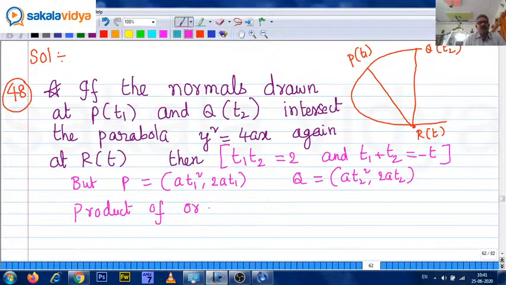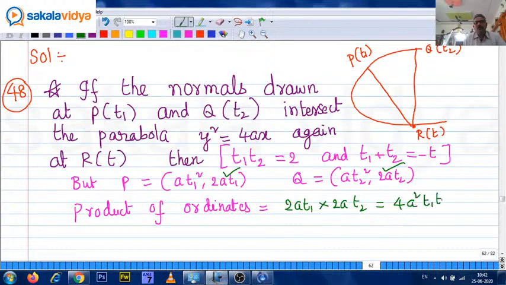Ordinate means y coordinate, so the product of 2a T1 and 2a T2. That is 4a square T1 into T2, and T1 into T2 is 2. So 4a square times 2 gives 8a square, our desired answer.